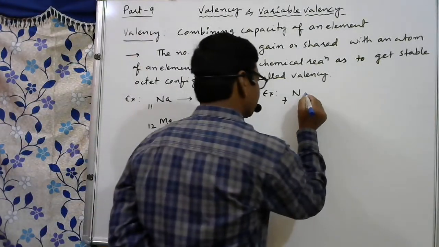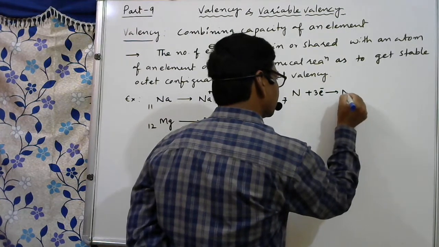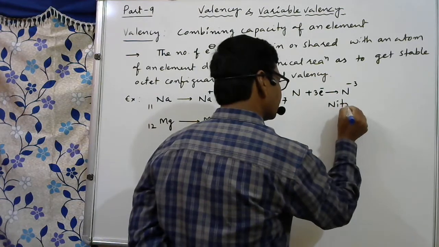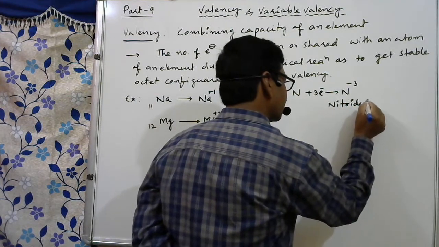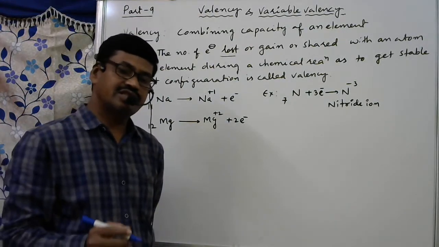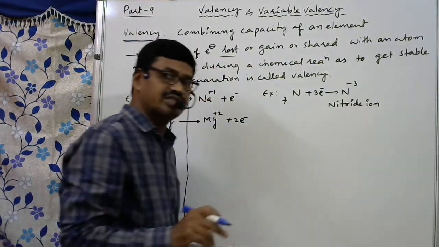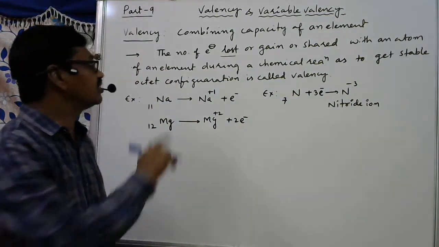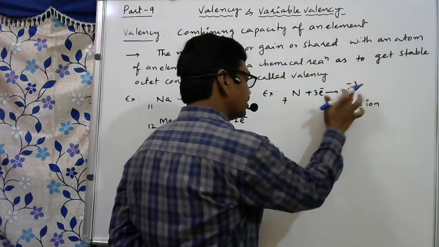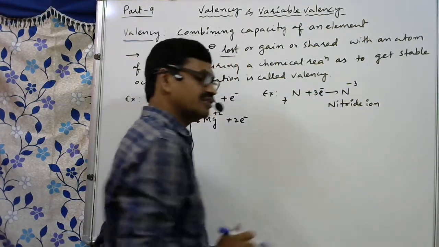It must gain 3 electrons and produces N minus 3, which is the nitride ion. So what is the valency of nitrogen here? 3. We should not say minus 3. Minus 3 is the oxidation number or oxidation state. Here we are discussing just combining capacity. What is the combining capacity of nitrogen here? It gains 3 electrons, so it is 3.